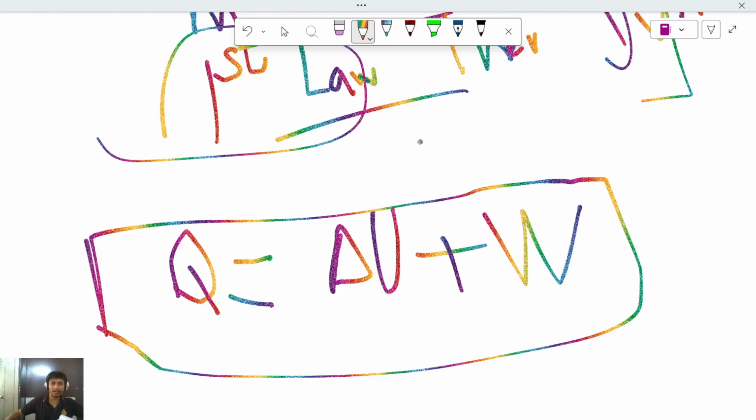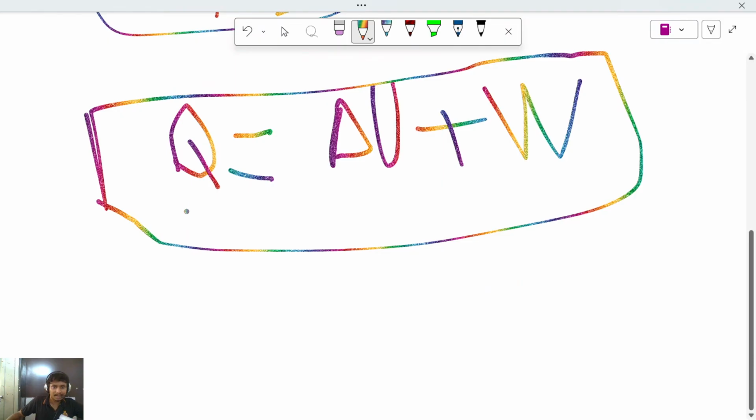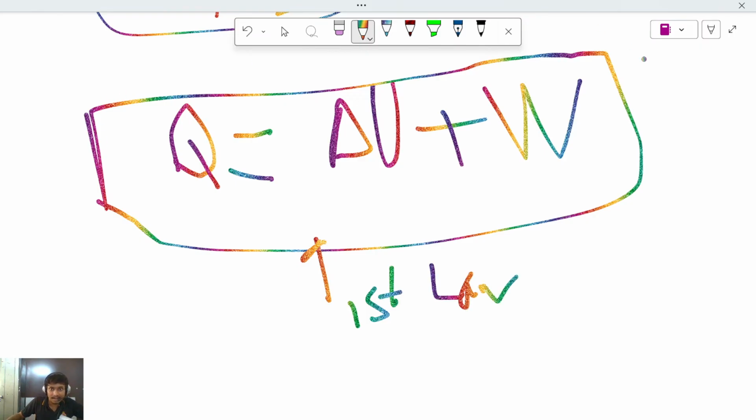That's the first law, and this is the equation of the first law. We derive this equation from the first law.